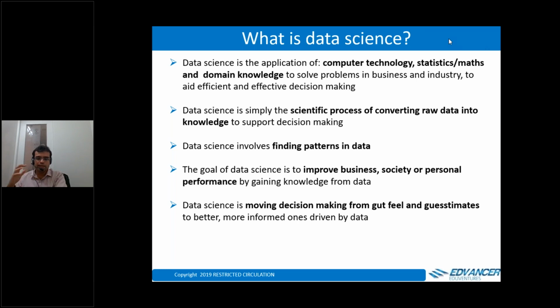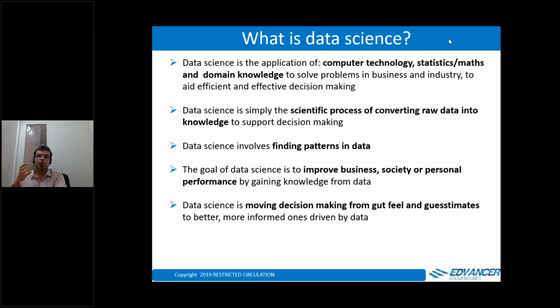And why are we applying these three things? As you would see, data science is not just programming or technology or tools by itself. It's not just mathematics and statistics by itself. It's not just business understanding by itself. It's actually a perfect combination of all three things. So why are we applying these three things?